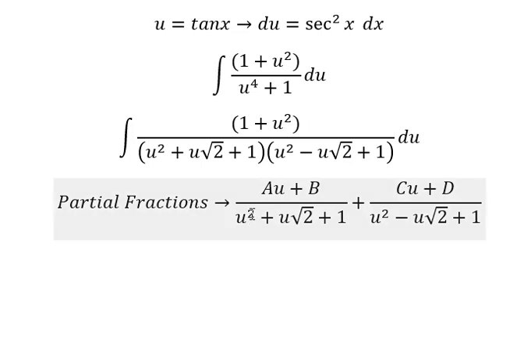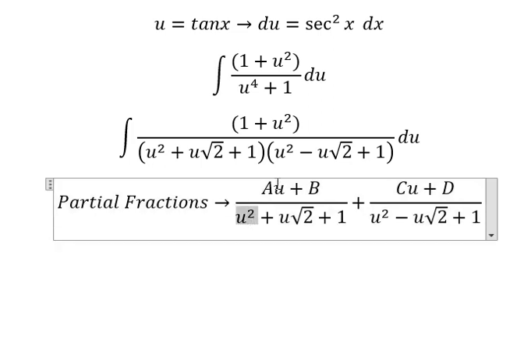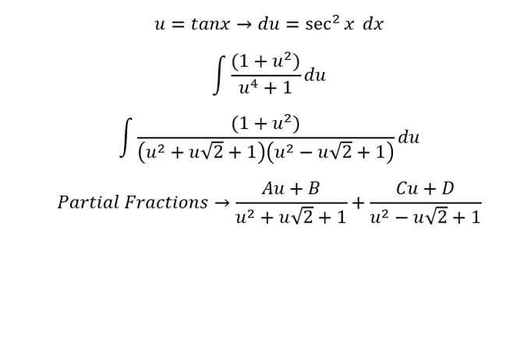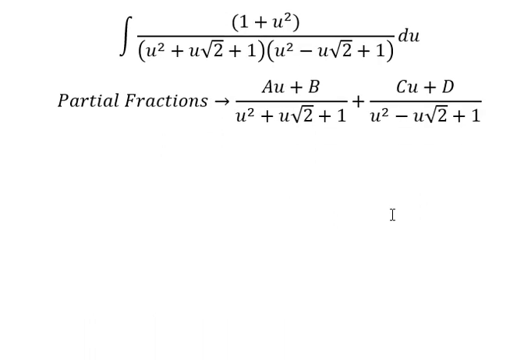Because we have the power number 2, on the numerator we need to reduce the power by 1. So you got u to the power of 1, and we need to reduce the power to u to the power of 0. Next, we can do common denominator.